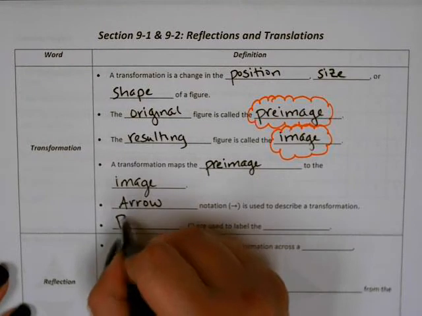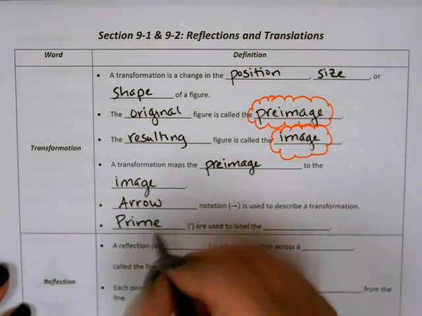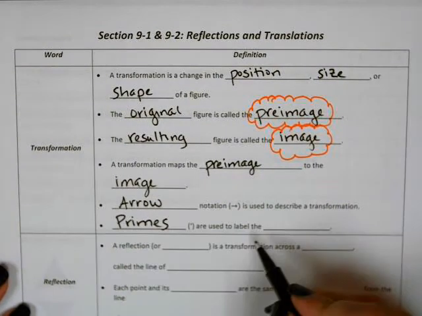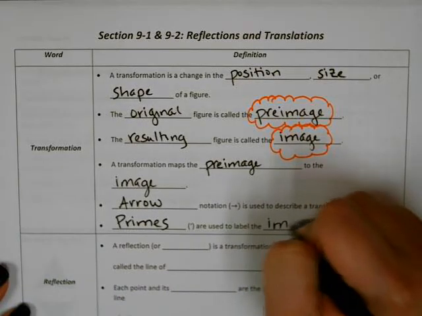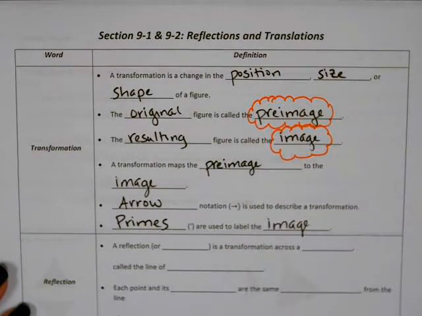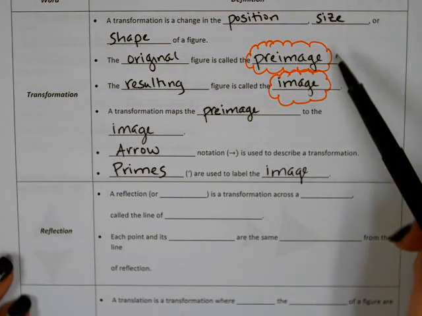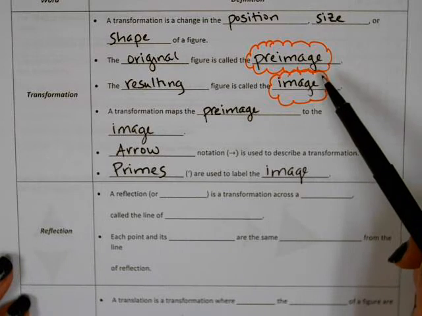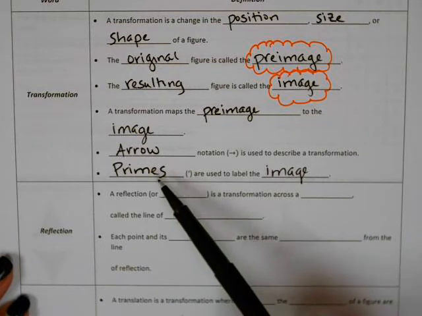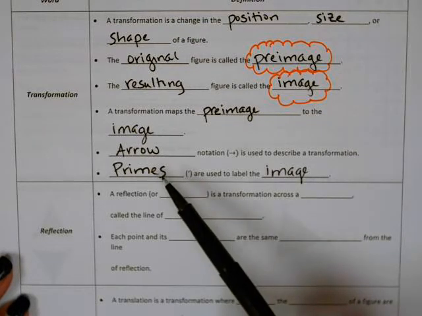Primes are what we use to label the image. Again, once we do some examples, a little bit more of this will make sense. But really, the big thing here: pre-image is the start, image is the end, and we use prime notation to show the difference between the pre-image and the image.